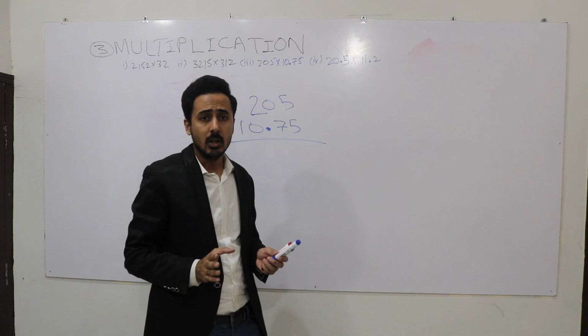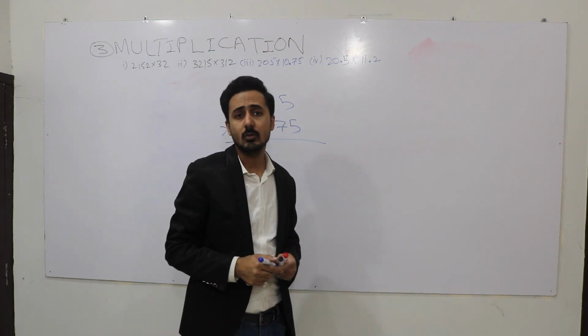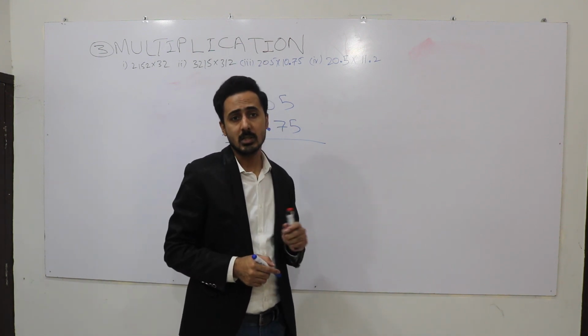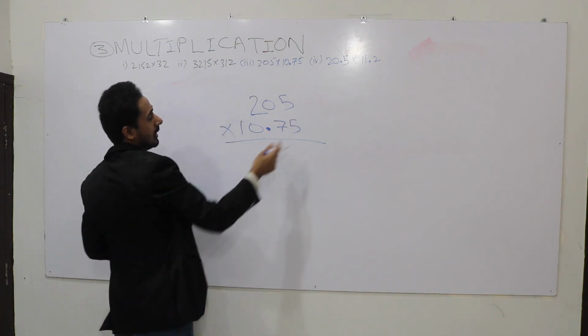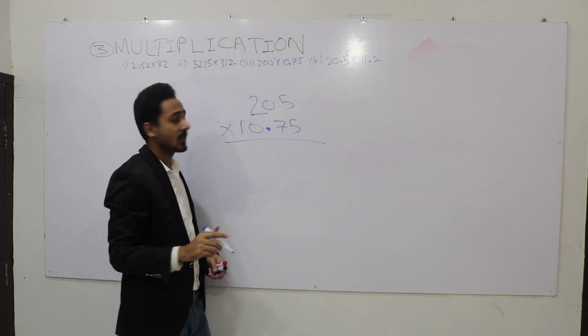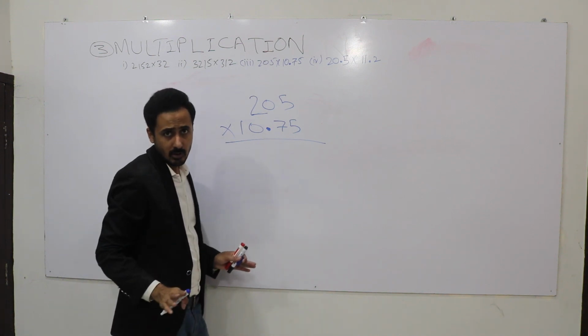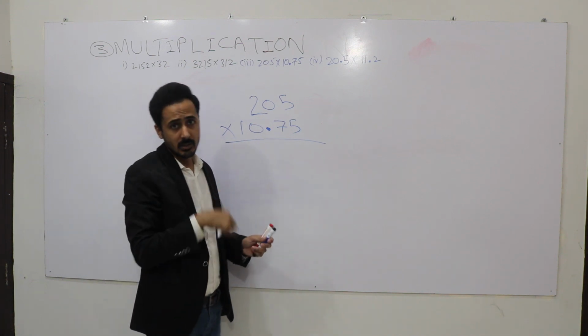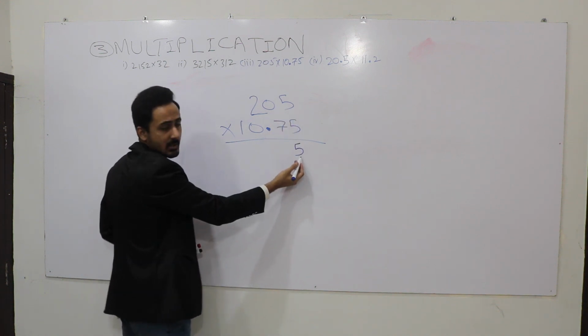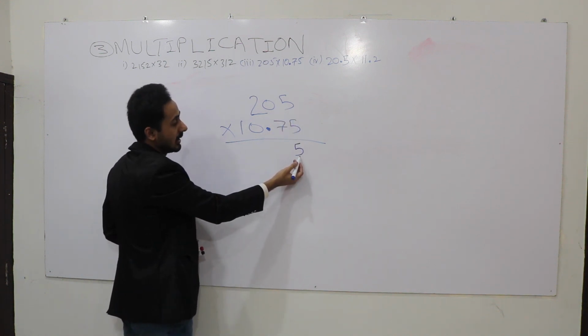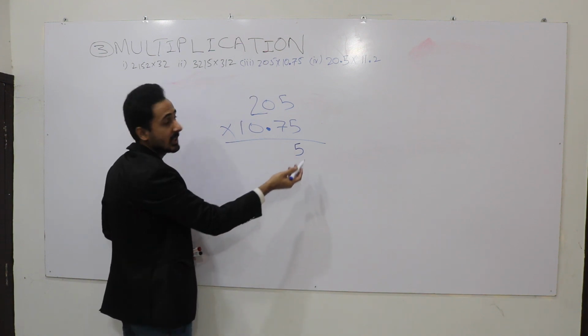We will just discuss how to multiply a number with a decimal number. So firstly, ignore this decimal point and do the multiplication as we did before. 5 5s are 25. The first digit of 25, which is 5, will remain here, and 2 will be carried over.